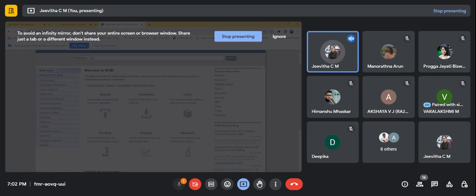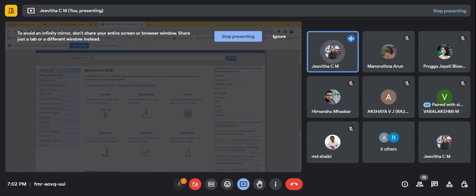And you can see here all databases. Whatever additional data you see here, such as BioProject, Gene, Genome, it represents the additional secondary databases. It goes to another database, and you have to analyze it.